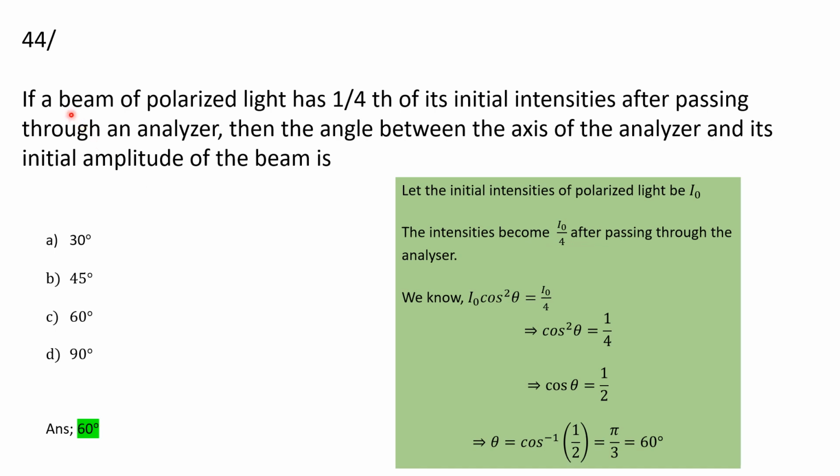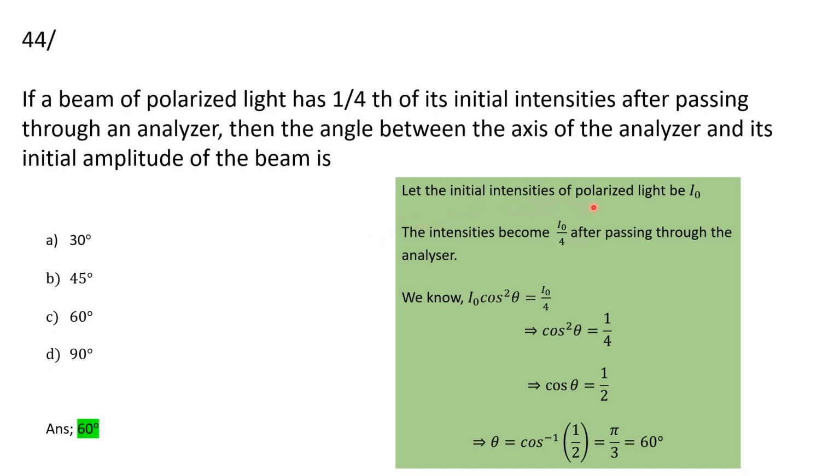Then, if a beam of polarized light has 1 by 4th of its initial intensity after passing through an analyzer, then the angle between the axis of the analyzer and the initial polarization of the beam is. And here the options are 30 degree, 45 degree, 60 degree, and 90 degree. So let's come to the solution.